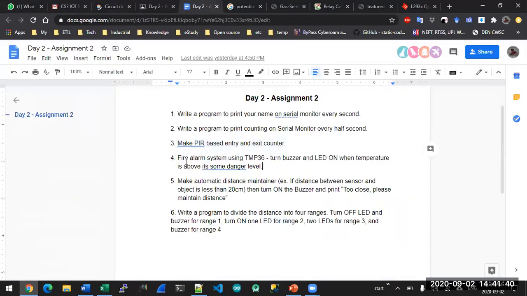The next exercise was a fire alarm system using TMP36.